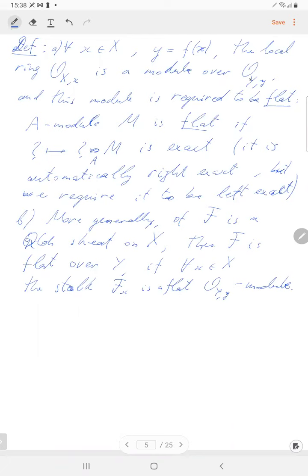At least for me, there is absolutely no intuition behind it. I only learned many years ago that it's a good notion, but there is no a priori reason that we should study flat sheaves.